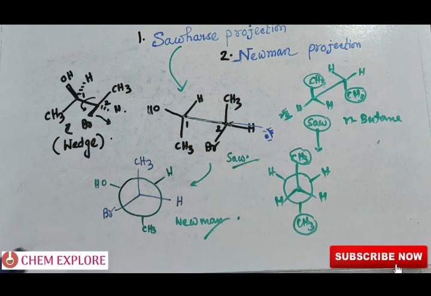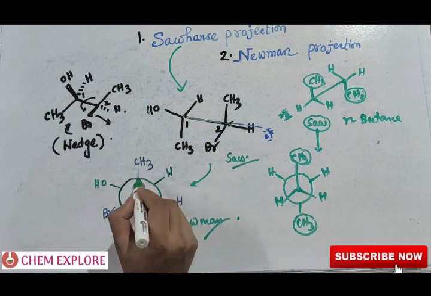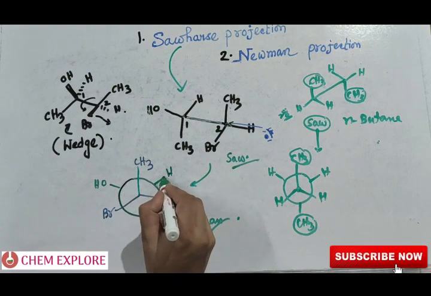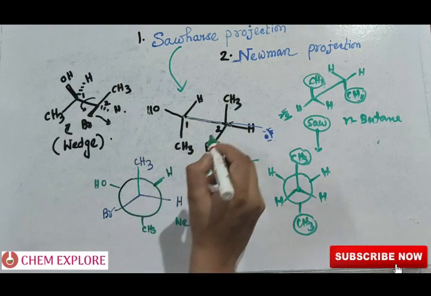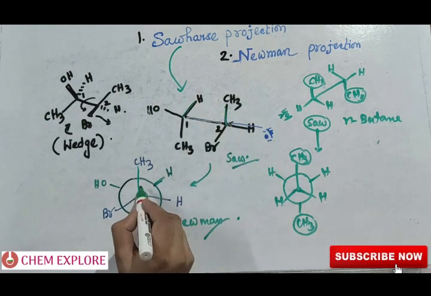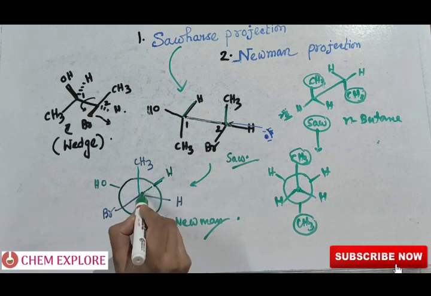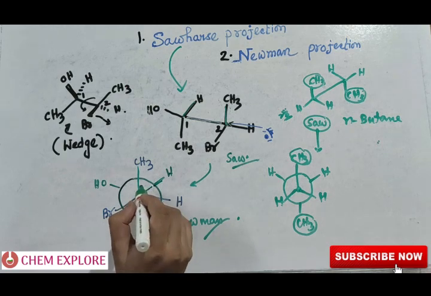So okay, now we can see that this methyl and there is a backside hydrogen, right? So this methyl and backside is hydrogen, so there is an angle.